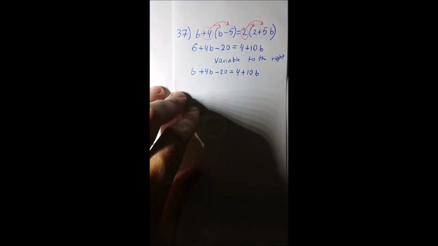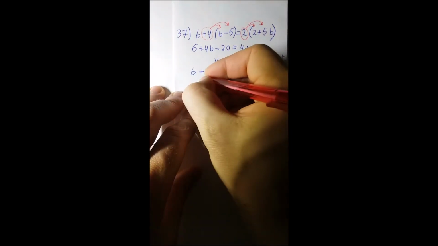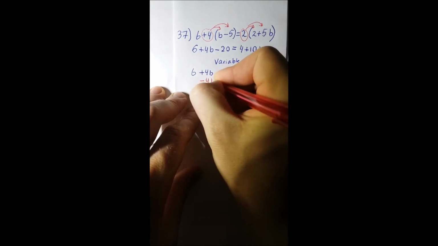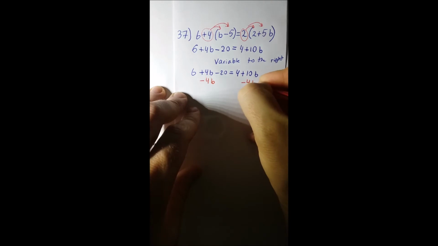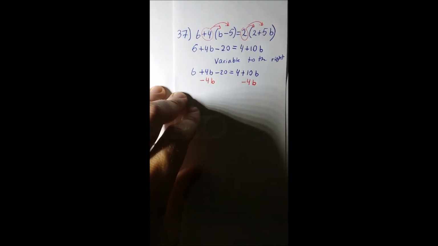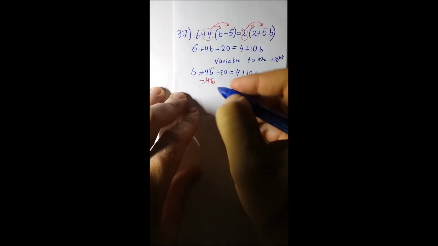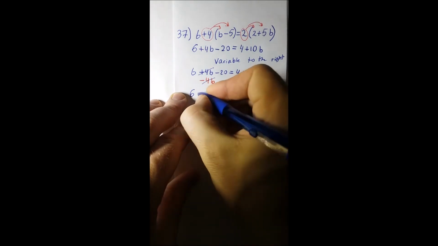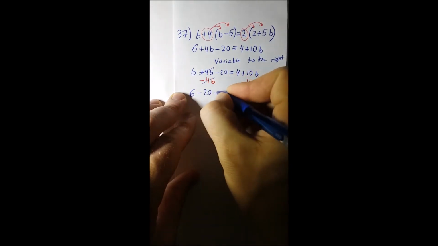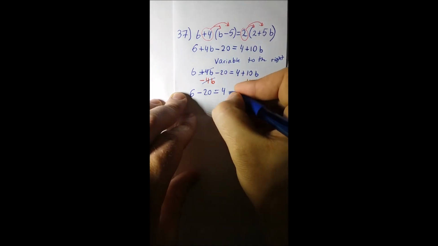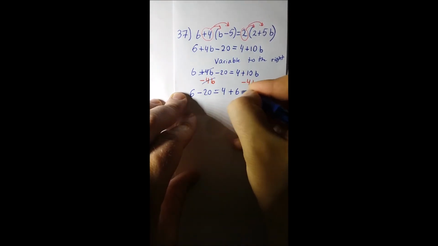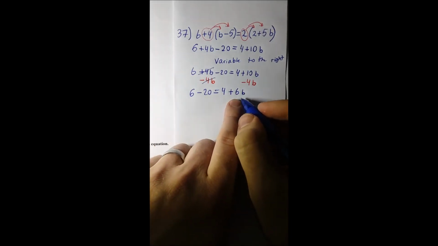Now, since I say variable to the right, I'm going to subtract 4b from both sides, minus 4b. So these two b's cancel, so it's going to be 6 minus 20 equals 4. Now, 10b minus 4b is plus 6b. Again, my b and a 6 are kind of blending in, so just understand that this is 6b.